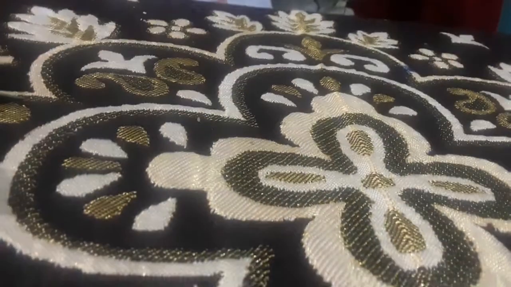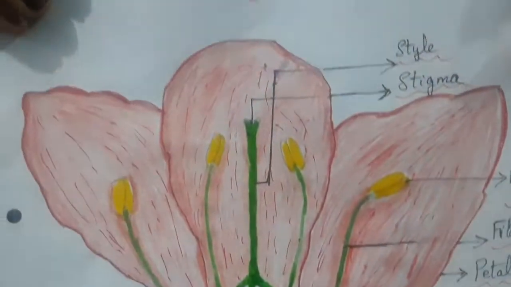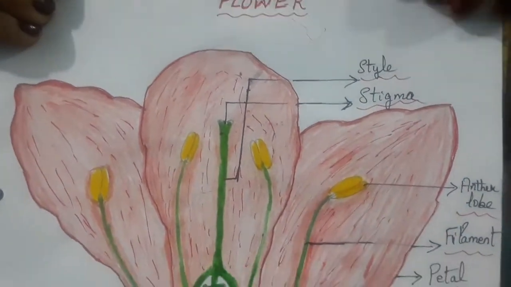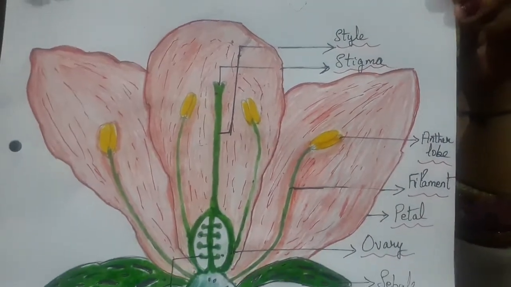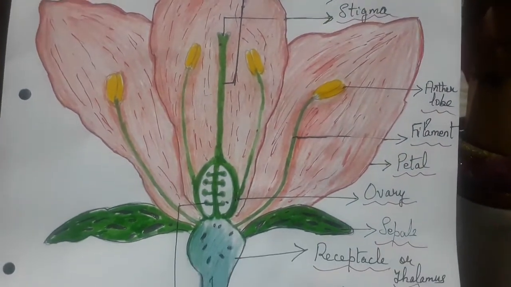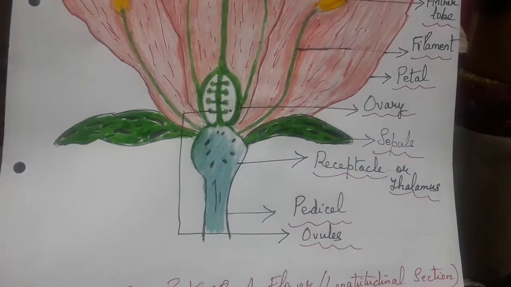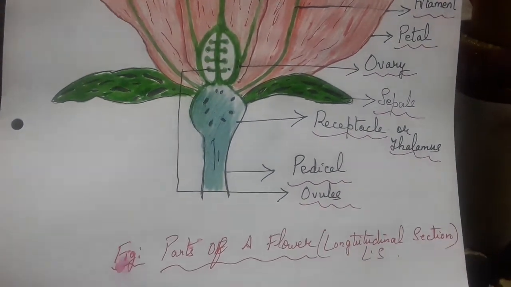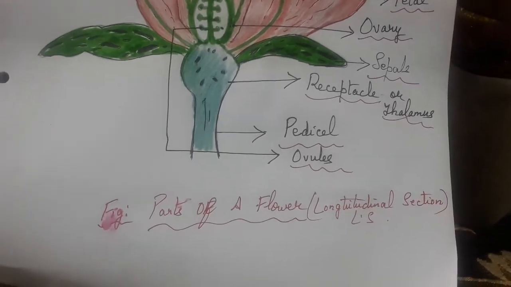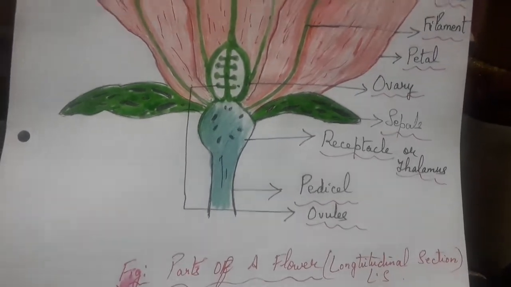Come to the diagram. Usually this is a very important diagram. You are asked to label it and related questions are asked. Function of receptacle or thalamus. It is also known as torus, T-O-R-U-S. Expanded portion.